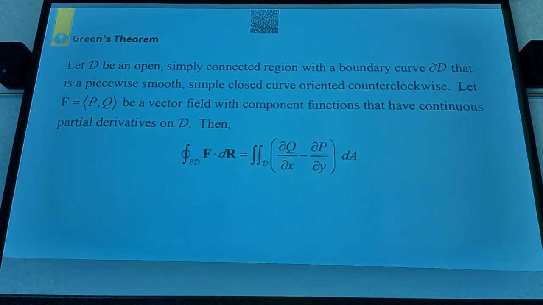What Green's theorem allows us to do is calculate the circulation as a double integral.